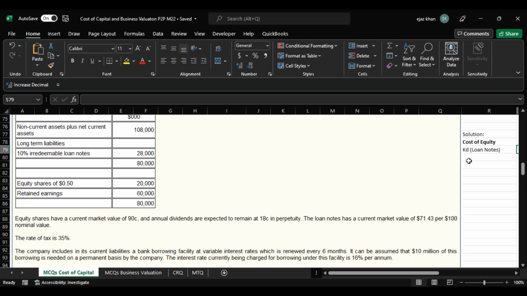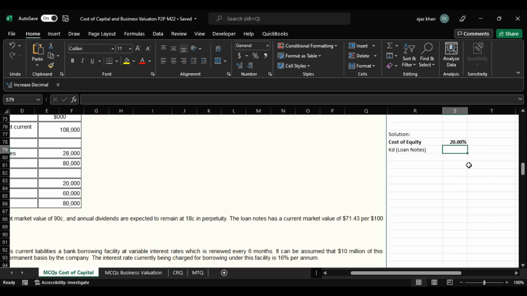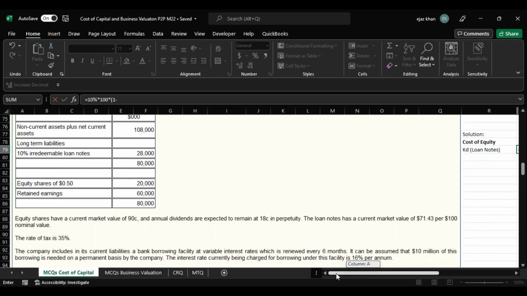And for irredeemable, it is very simple to calculate the cost of debt. First of all, pick up the interest rate. It's 10%. Multiply by the par value, which is $100, and then multiply it by 1 minus the tax rate, because interest is always tax allowable expenditure, so we have to subtract tax from it, which is 35% in this case.